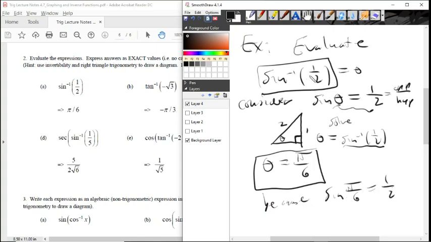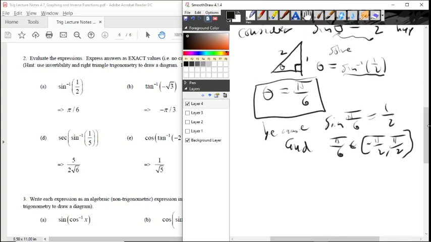The input of the arcsine we have just considered to be the output of the sine function because those functions are inverses of each other. And pi over 6 is specifically a number between negative pi over 2 and pi over 2.